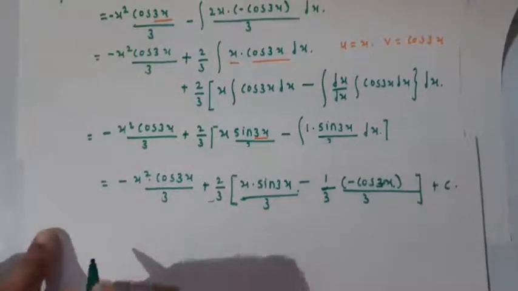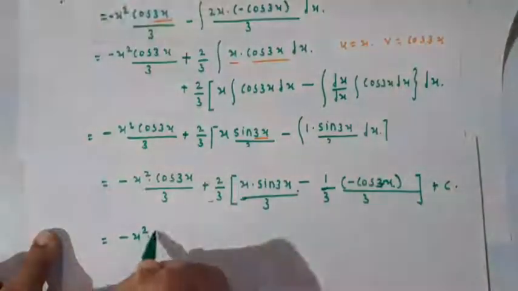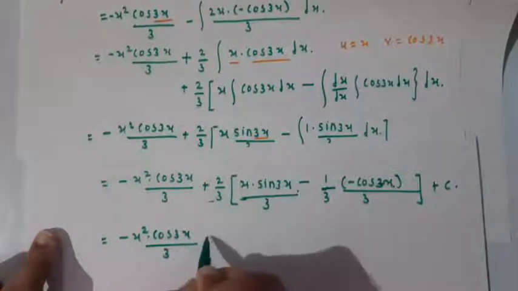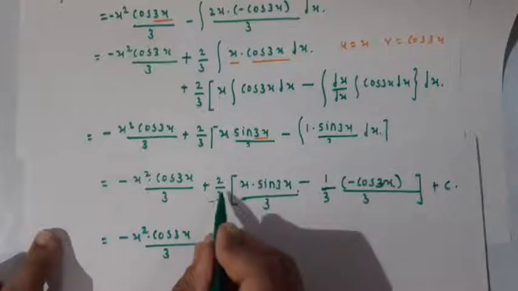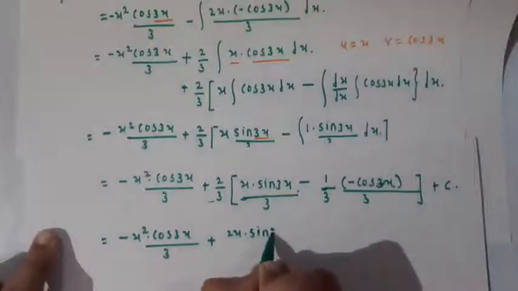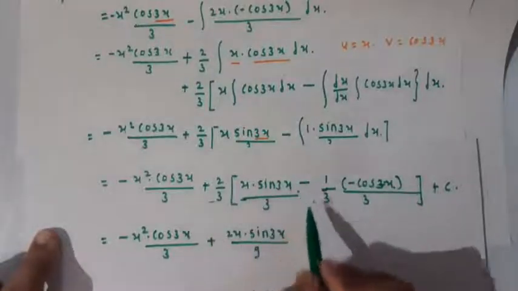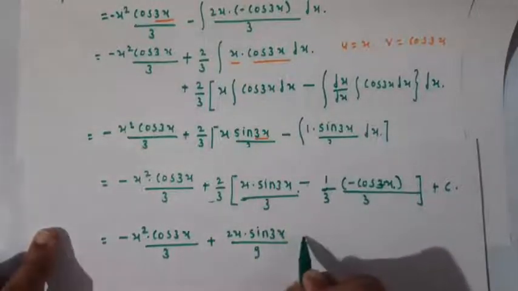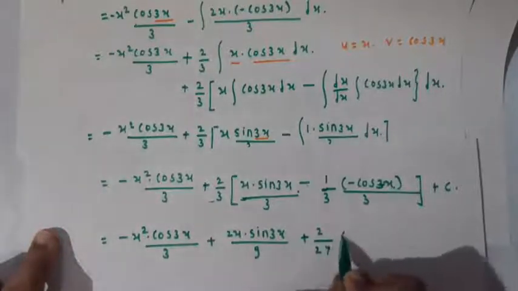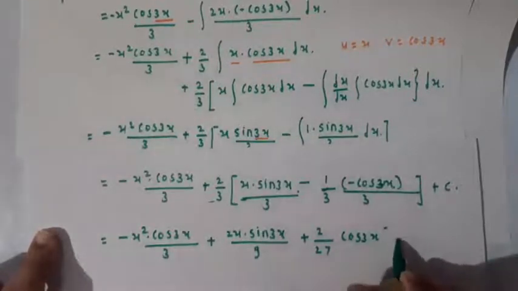And now we have minus x square cos of 3x upon 3 plus 2x sin of 3x upon 9, plus minus becomes plus, and this is 2 by 27 cos of 3x plus constant of integration.